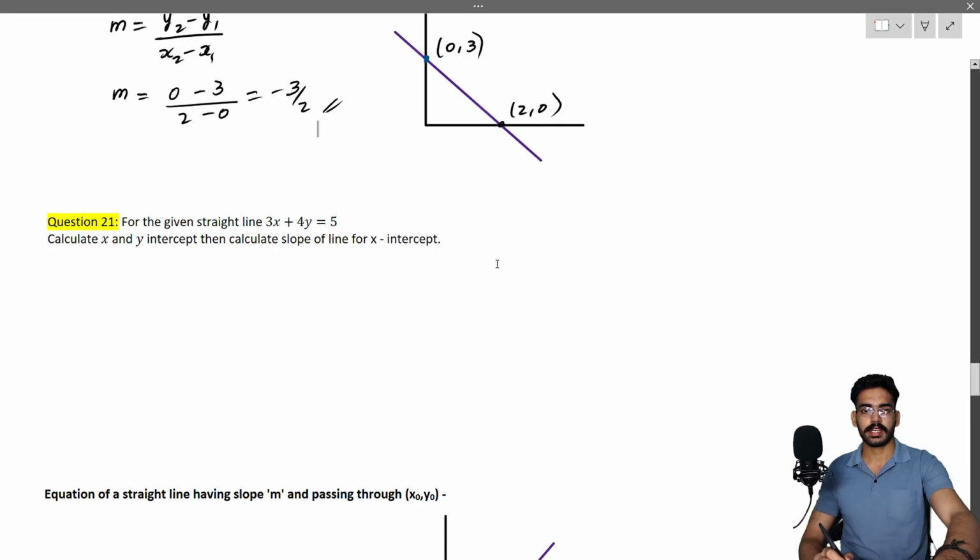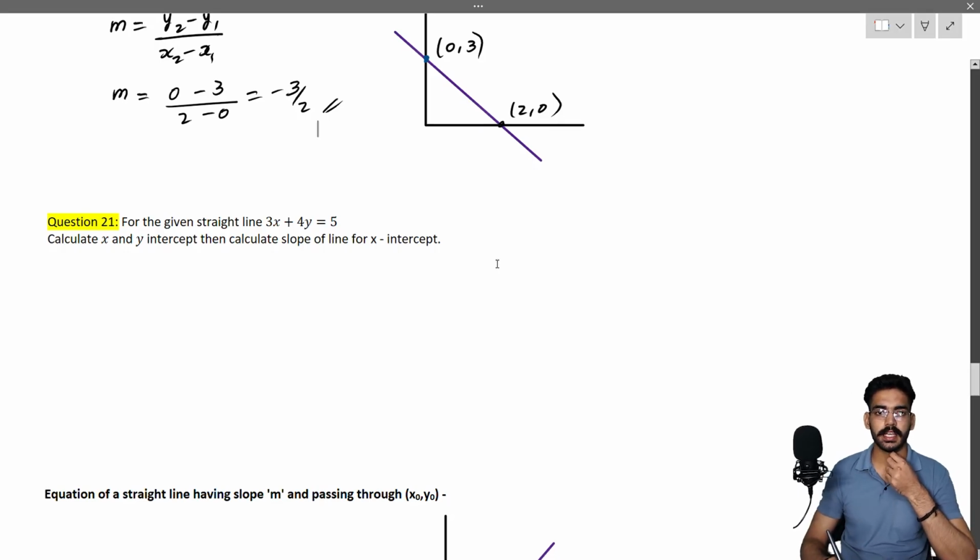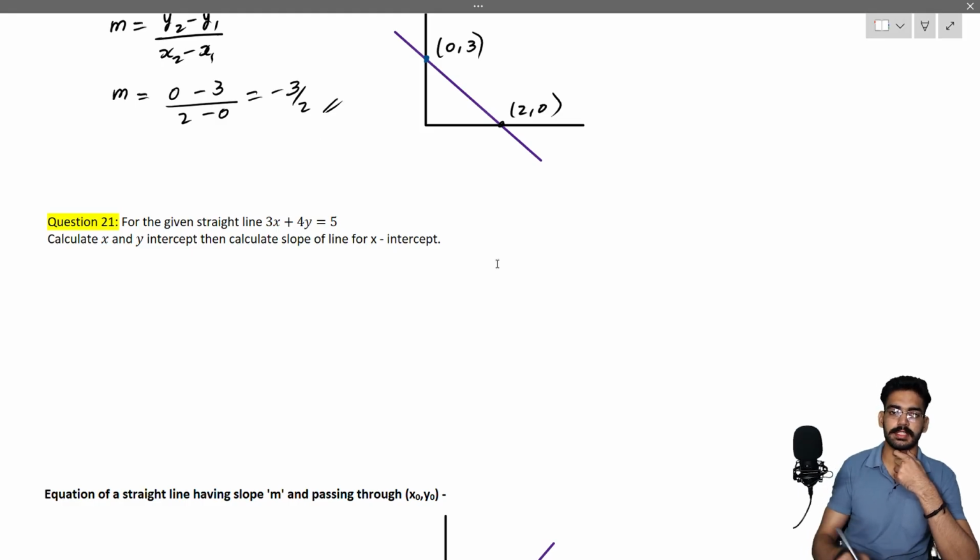For a given straight line, calculate the x and y intercepts and the slope of the line. Now see here, we know the straight line equation is 3x plus 4y equal to 5.